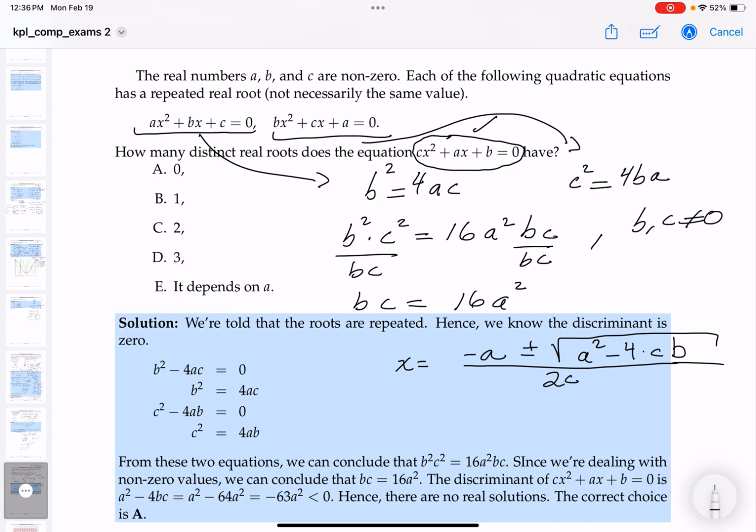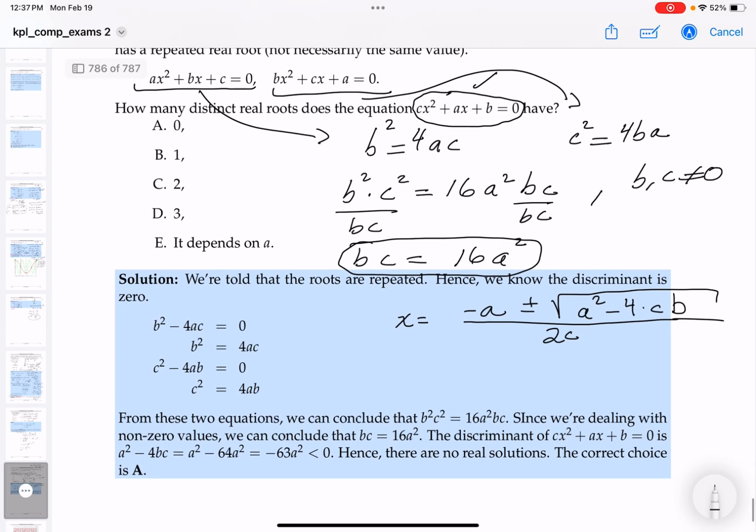I want to claim, though, that I think I'm seeing something now. I think I'm seeing this thing as might be somewhat helpful. All right? And I'm going to write this down now. x equals minus a plus or minus, over 2c. This is still a root problem. a squared. Remember, a is a real number. I just don't know what it is at this point.